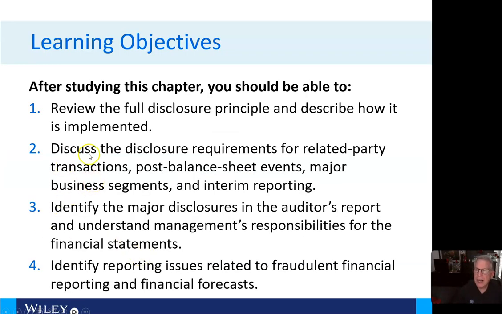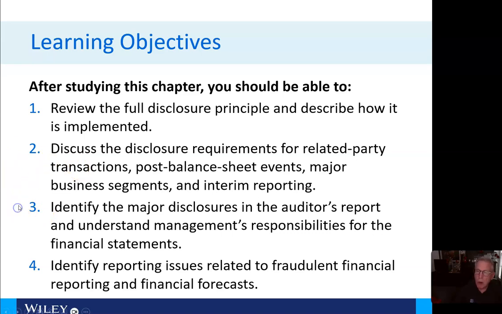Our learning objectives include number one, reviewing the full disclosure principle and describing how it is implemented. Number two, we'll be discussing the disclosure requirements for related party transactions, post-balance sheet events, major business segments, and interim reporting.